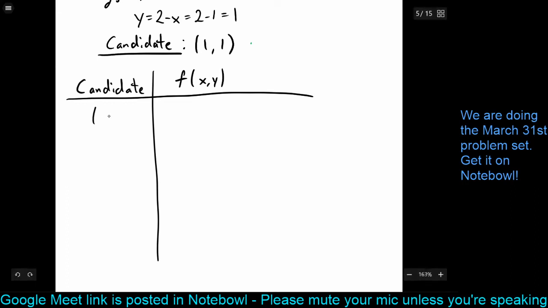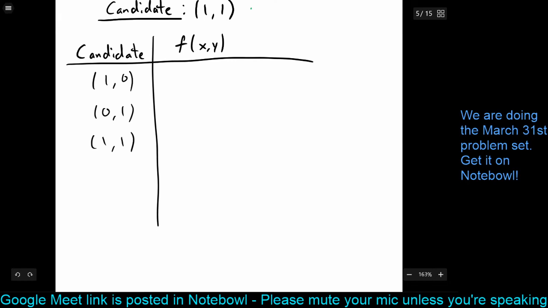We found 1, 0, we found 0, 1, we found 1, 1, and now we also need to plug in every single corner. So 0, 0 is a corner, 0, 2 is a corner, and 2, 0 is a corner. Now we're going to plug in all of these to the function.